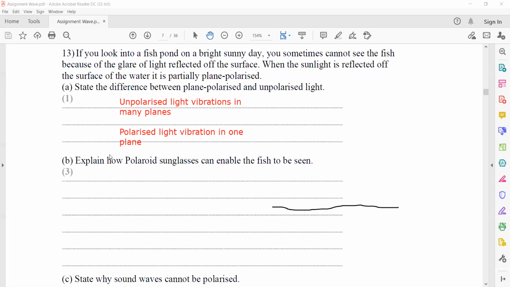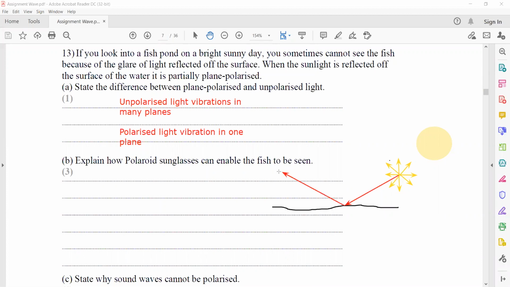Like this is the water surface. The light which is coming from the sun is unpolarized light, meaning having vibrations in many planes, which are perpendicular to the direction of propagation.